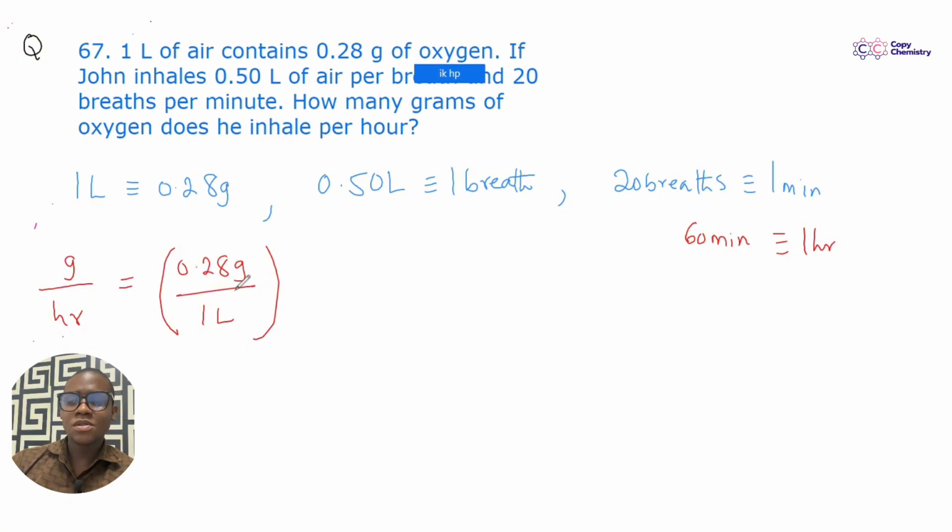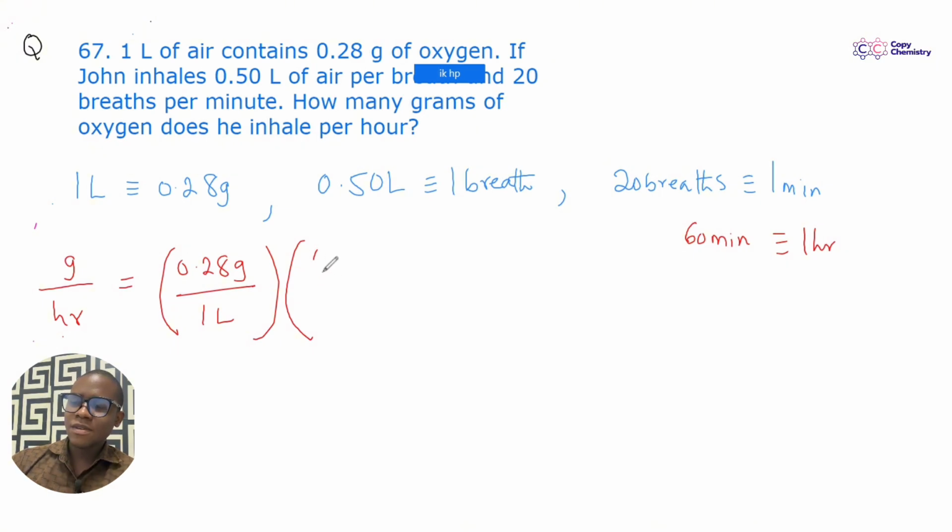So I think it's a good thing to put the grams up here and the liters down. Let's continue. We have 0.50 liter equivalent to 1 breath. Either I write 0.50 liter divided by 1 breath or 1 breath divided by 0.5 liters. There's only those two ways, and only one will make sense.